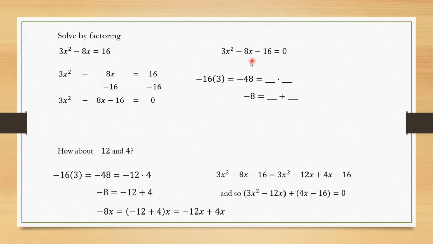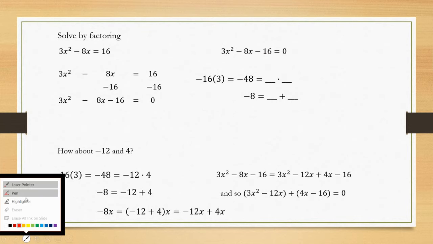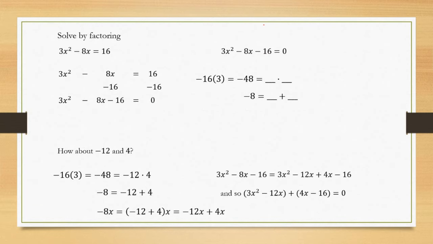Now, what do we want? Well, again, here we have a polynomial with 3 terms. 3x squared, it's degree 2. There's 3 terms. The leading coefficient's not 1. So you have to use the AC method, meaning you want 2 numbers whose product is negative 16 times 3, and the sum is negative 8.